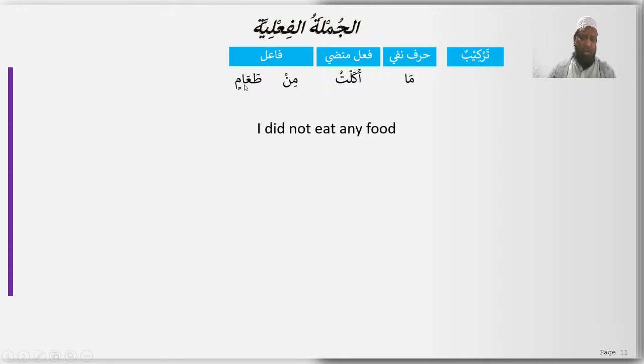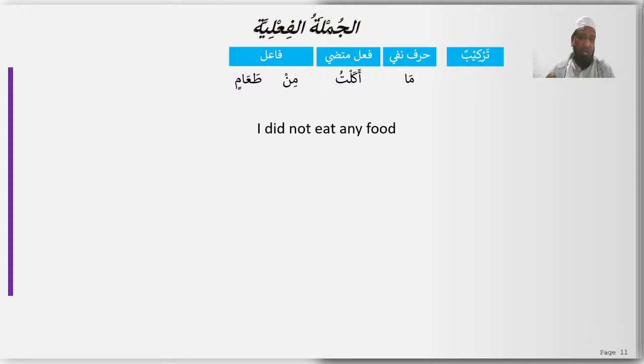طعام is already nakira, but min gives us the meaning of any. For example, ما أكلت طعاما, I did not eat food. What normally we call food, the negation is for that.